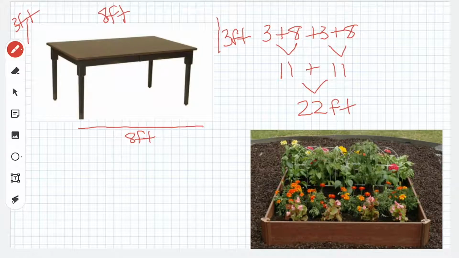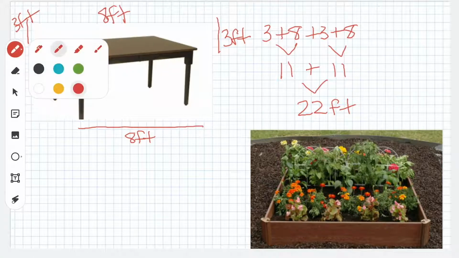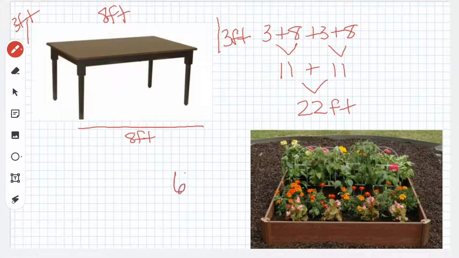Let's take a look now at the flower bed. What happens if I know the perimeter, but I don't necessarily have all of the dimensions? So let's say that the distance around this flower bed was 64 feet.